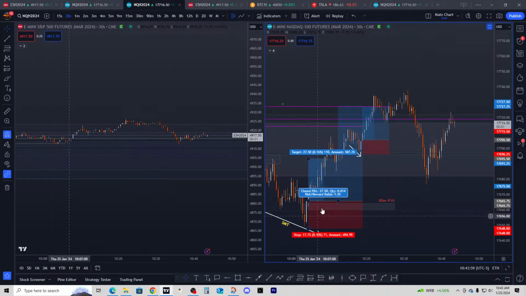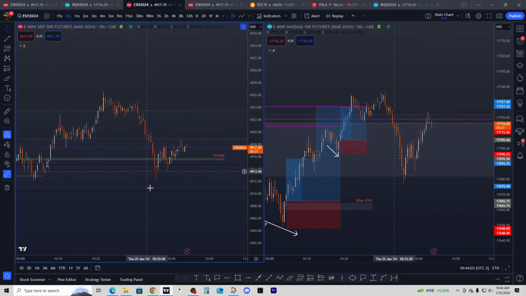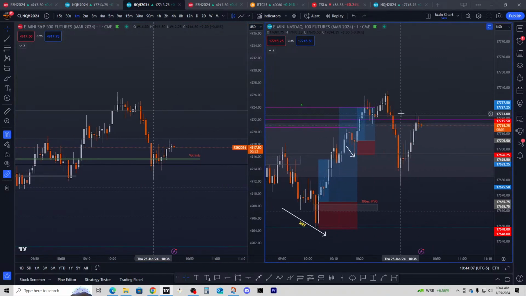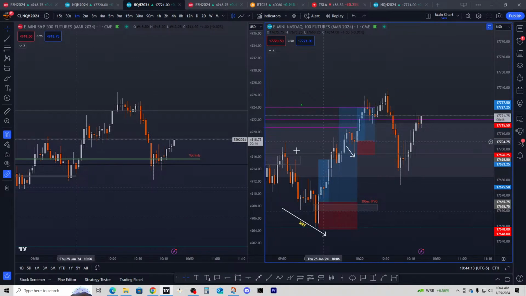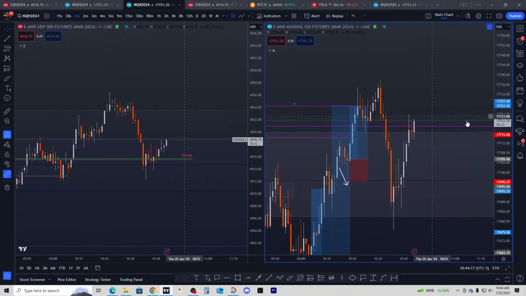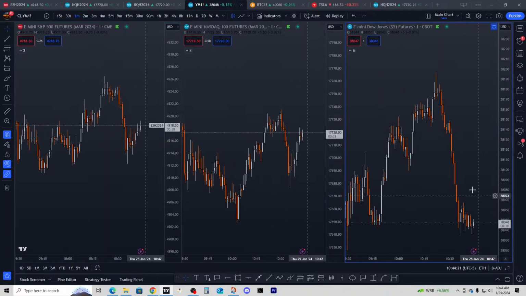The buy was nice down within here. Now we're just waiting, just watching all these PD arrays, like how does price play out? I like how we're taking out the swing low and we're just inching higher with nice bullish closures. And we've got to pay attention, like, how are we going to keep playing these candles here? Look at YM. It's not really doing much. NQ hit the break even.